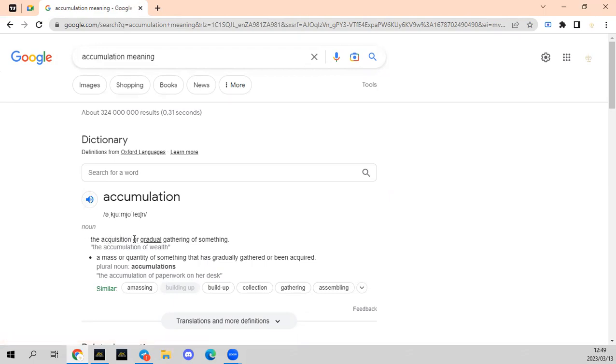Let's leave this in English: gradual gathering of something, you understand? So accumulation means that they are accumulating orders for them to liquidate. Here is an example: accumulation of wealth. This is something different: a mass or quantity of something that has gradually gathered or been acquired.